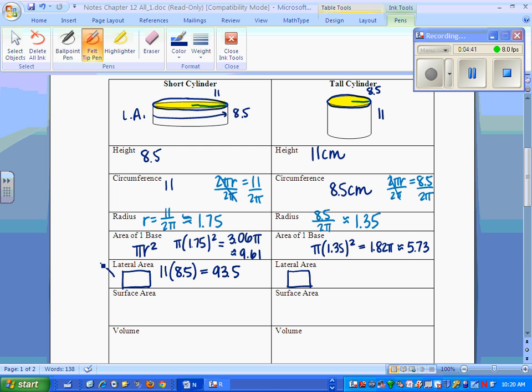If you'd like, you can do 2 pi r times the height, but that's going to end up being the same thing because we know the circumference is already 11. Same thing here. It's the same piece of paper, so we have 8.5 as our distance around the circle, and 11 is our height.